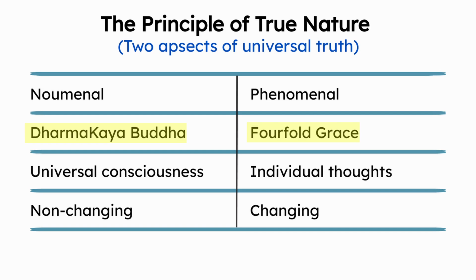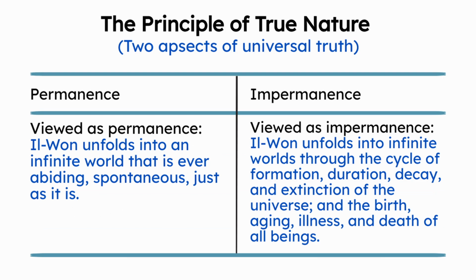So Dharmakaya Buddha always goes with fourfold grace. It is also like universal consciousness and individual thoughts. Reality is also both non-changing and changing. It is both permanent and impermanent.